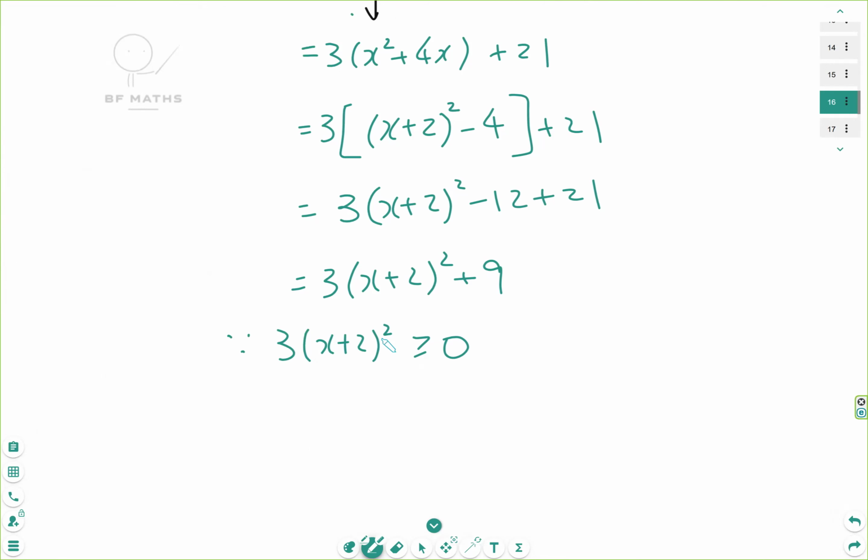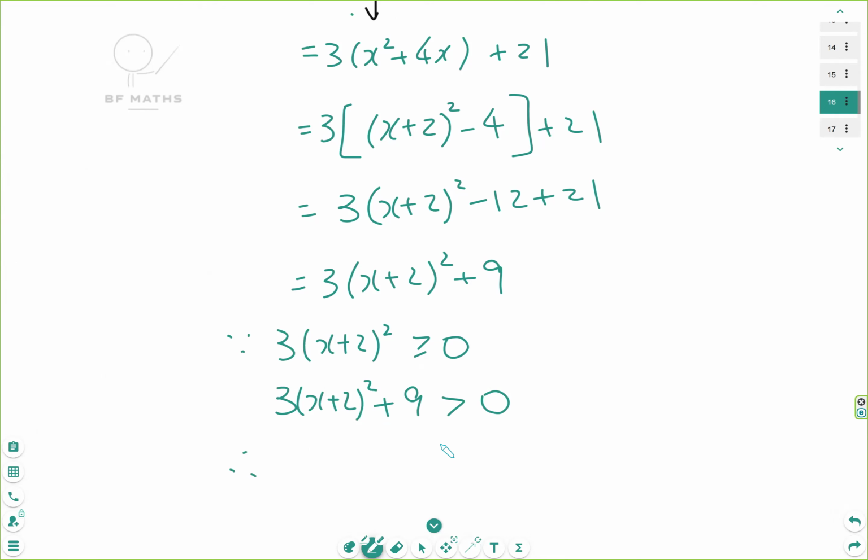When you multiply the square number by 3, you still have the same result. If this is 0, times 3 you still get 0. So the value of this expression must be greater or equal to 0. Then 3(x plus 2) squared plus 9 surely will be greater than 0, because if this number is already greater or equal to 0, adding 9 to it makes it definitely greater than 0.